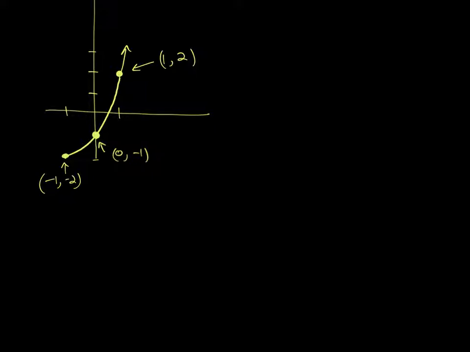So that being said, what happened was we found that the average rate of change between 0 and 1, right here represented by the pink line, was m equals 3. That was a slope of 3.